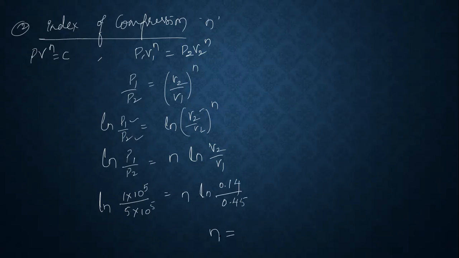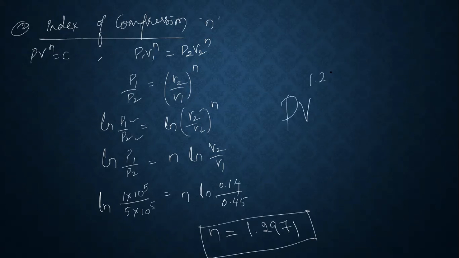The only unknown term here is n. You can substitute and get the answer for n, where n you will get 1.2971. Then the governing law becomes PV to the power of 1.2971 is equal to constant. This is the polytropic process governing law.